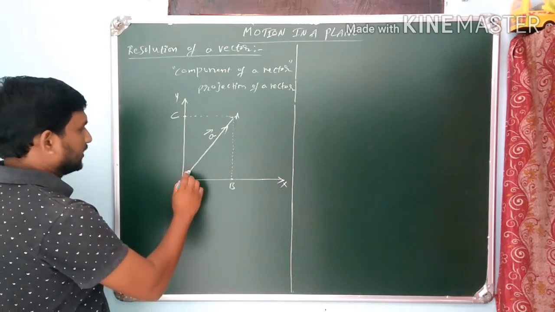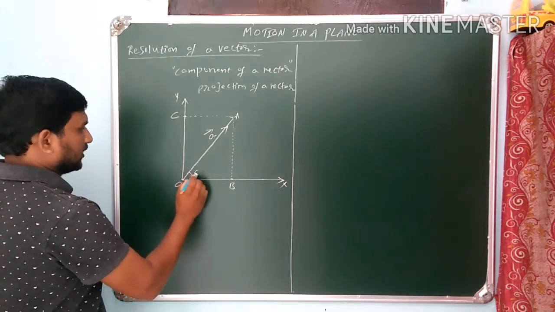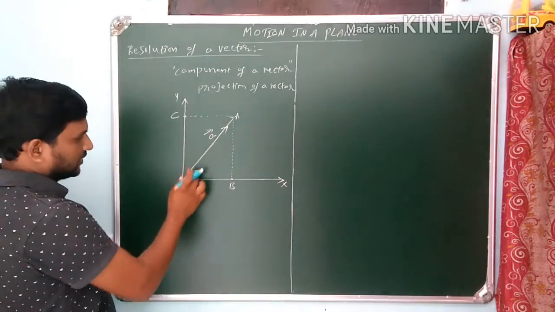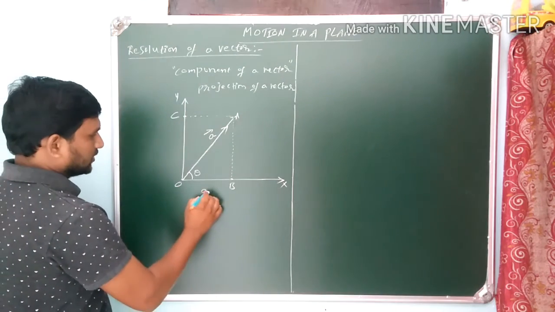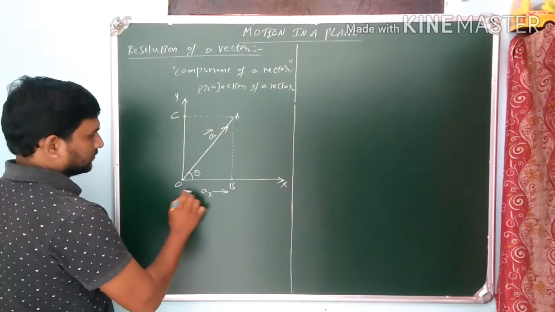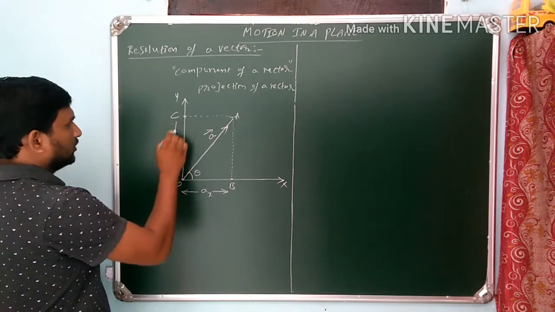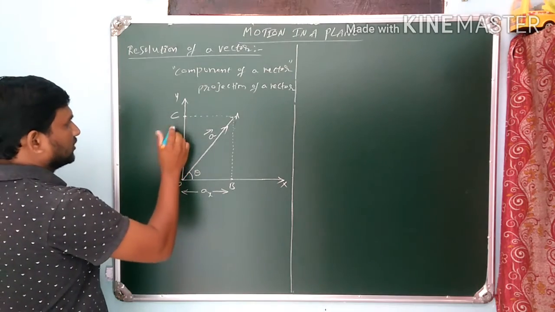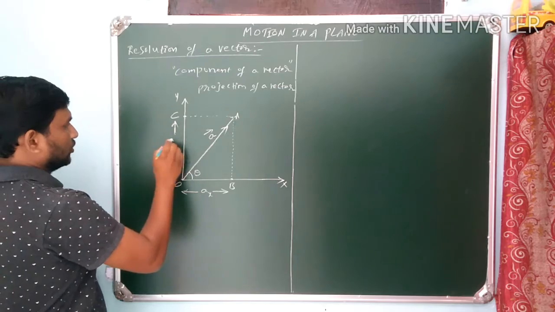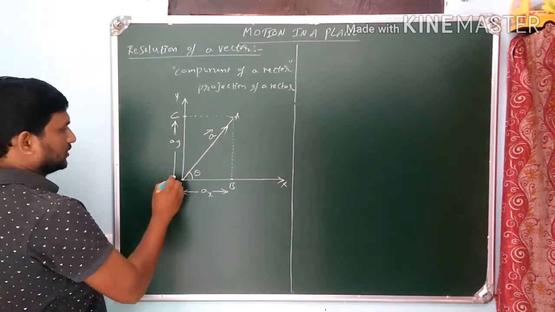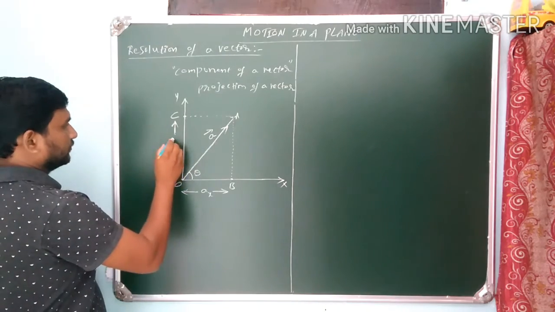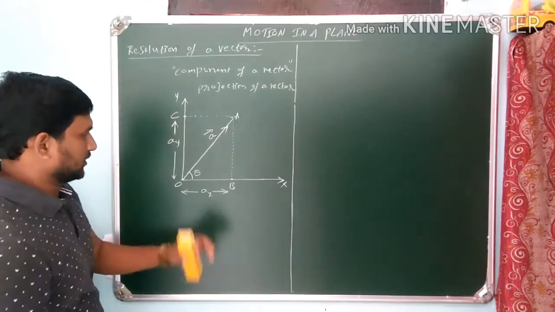Now the vector A bar makes an angle theta with the x-axis. Now this is AX, and this length we can call AY. OC is nothing but AY, and OB is nothing but AX.